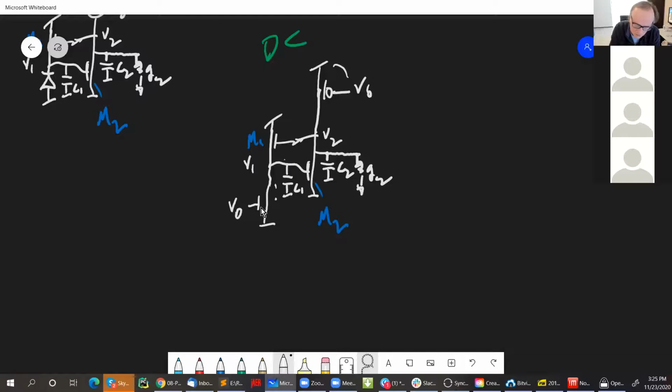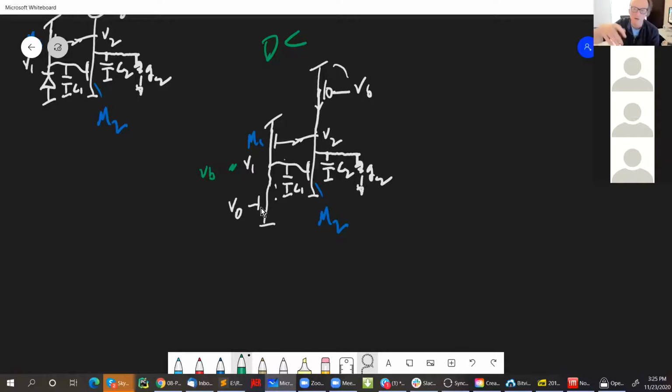So first of all, for this circuit to work properly in its feedback way so that it holds the gate where it wants it, what should V1 be? V1 must turn on M2 enough that M2 sinks the VB current here, right? So we know that V1 must be about equal to VB, if VB is the voltage away from VDD. So right away, we can reason that V1 is approximately equal to VB.